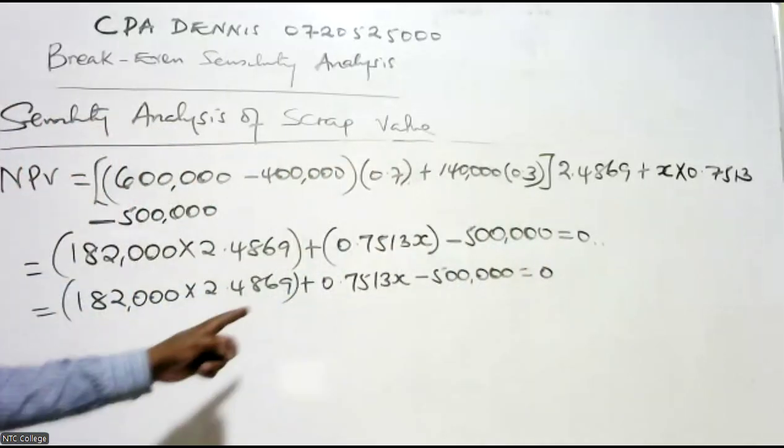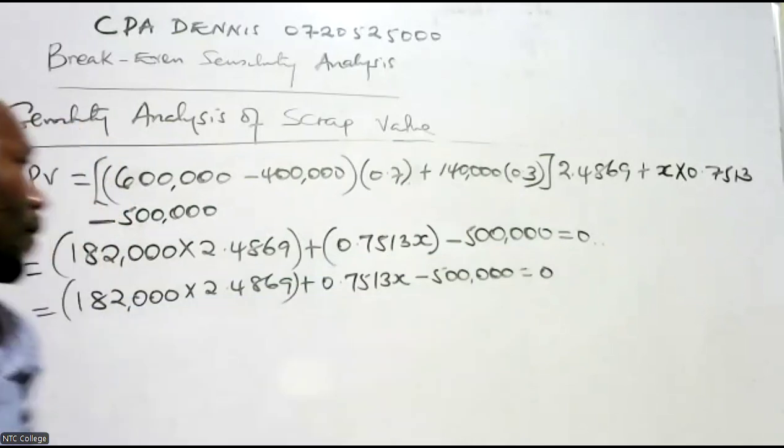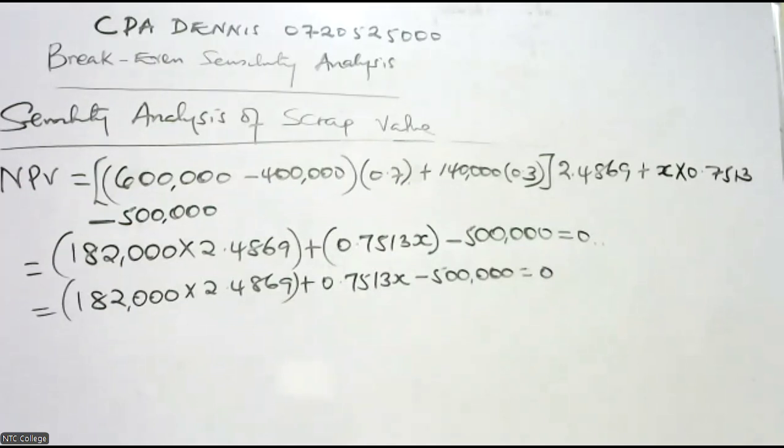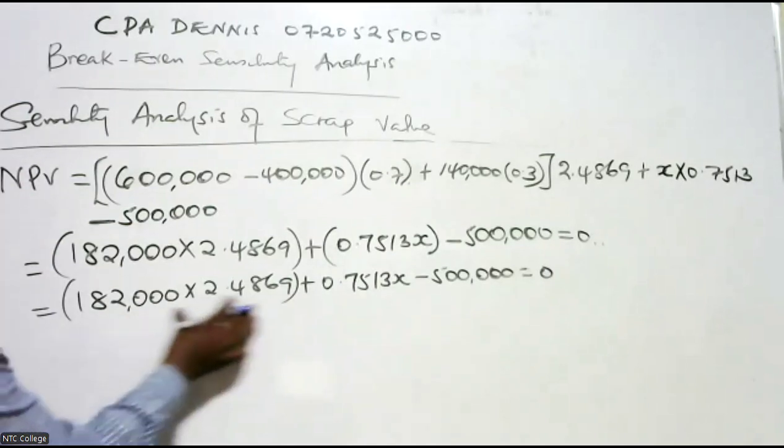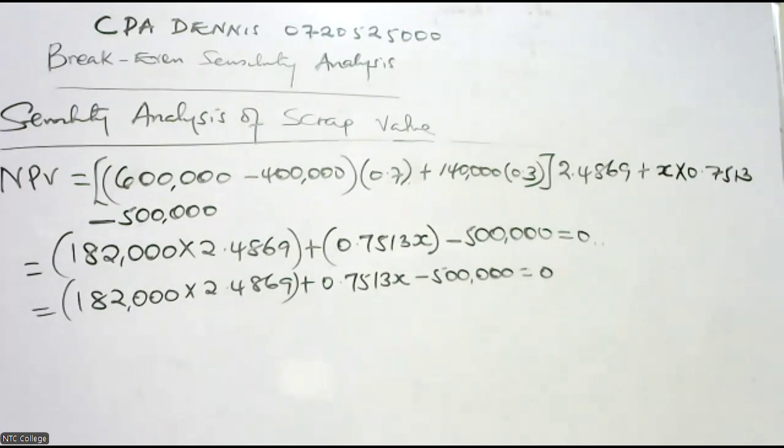So what do we do? We let 0.7513x cross the other side. So therefore, you calculate this separately. It is 182,000 times 2.4869.